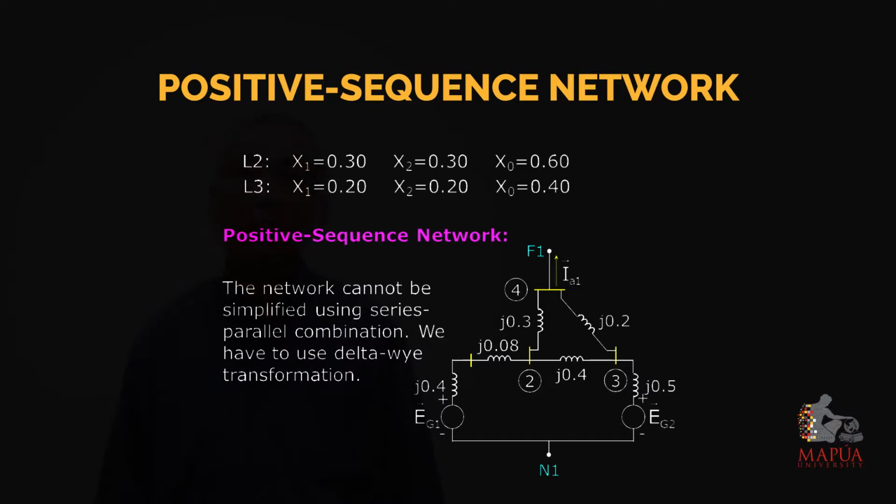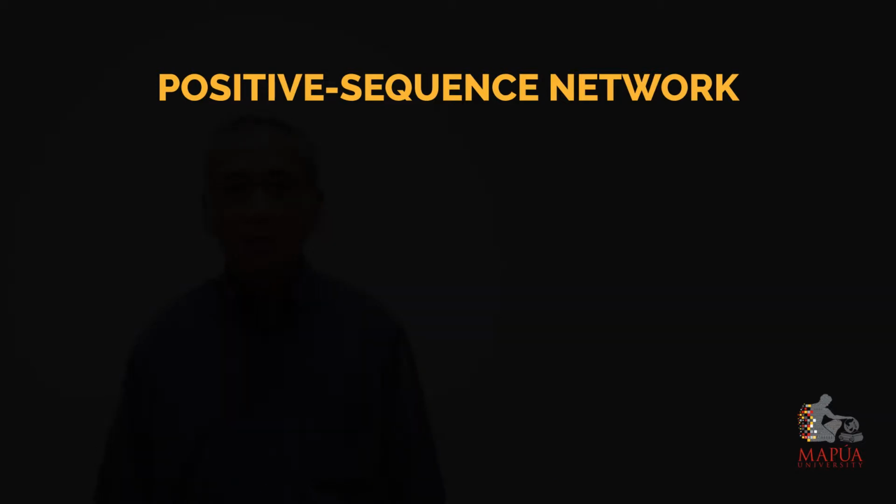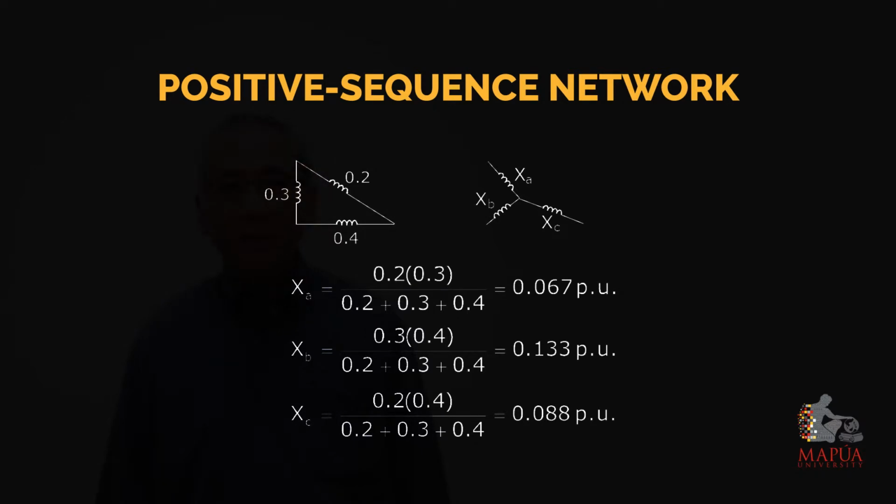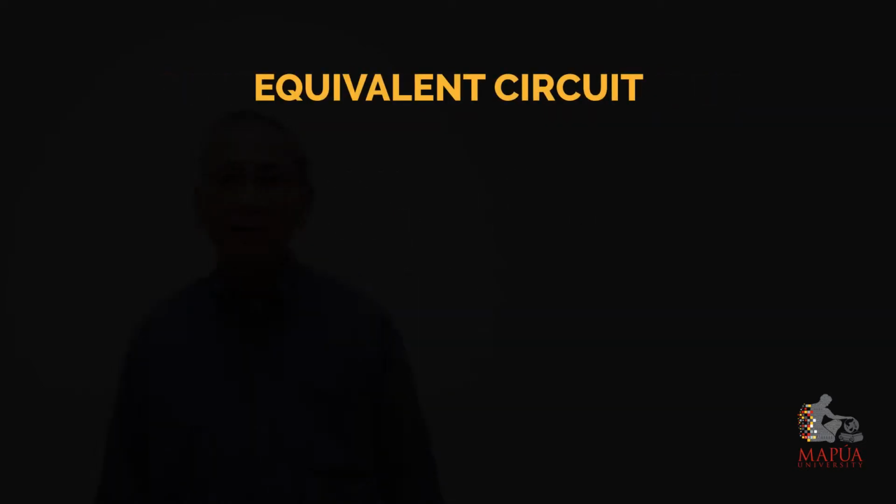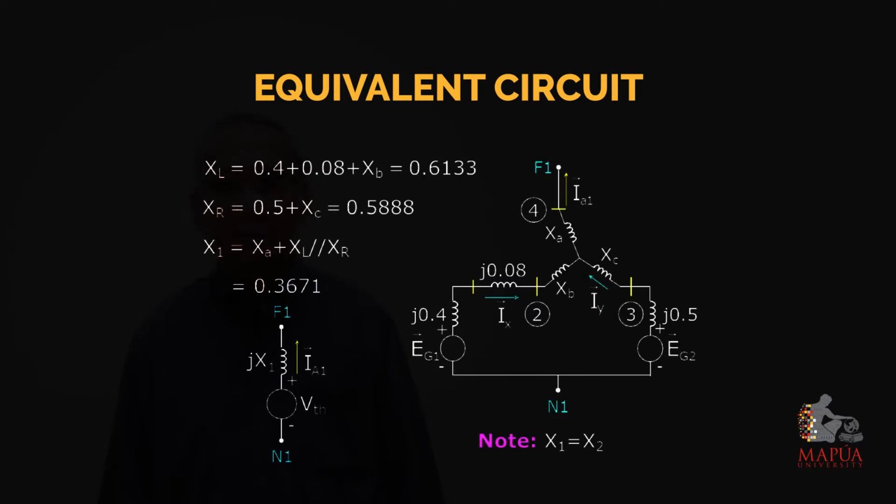We have to use a delta-Y transformation. Converting the delta connected configuration of the reactances 0.2, 0.4, and 0.3 into a Y connected configuration, XA is equal to 0.067, XB equal to 0.133, and XC 0.88, all in per unit values. Thus, we now have the equivalent circuit of the given system.